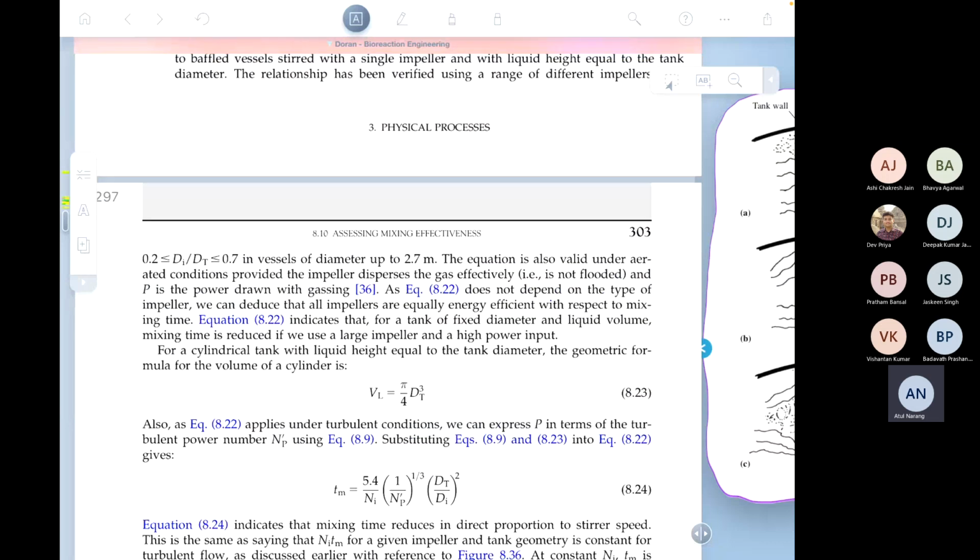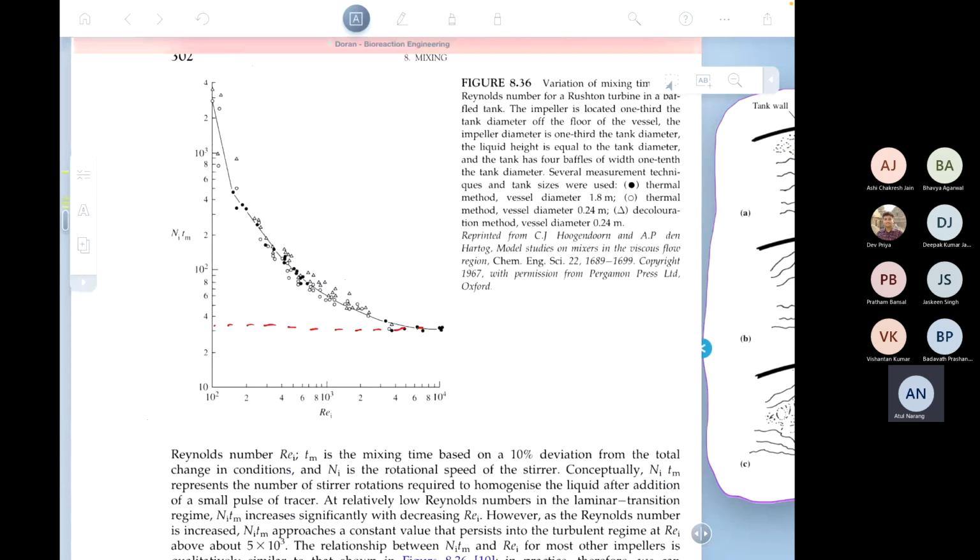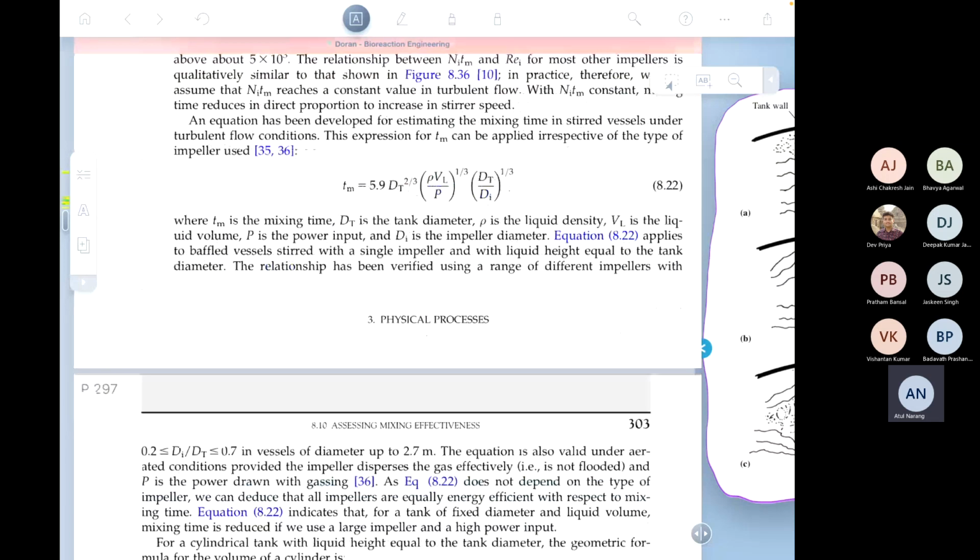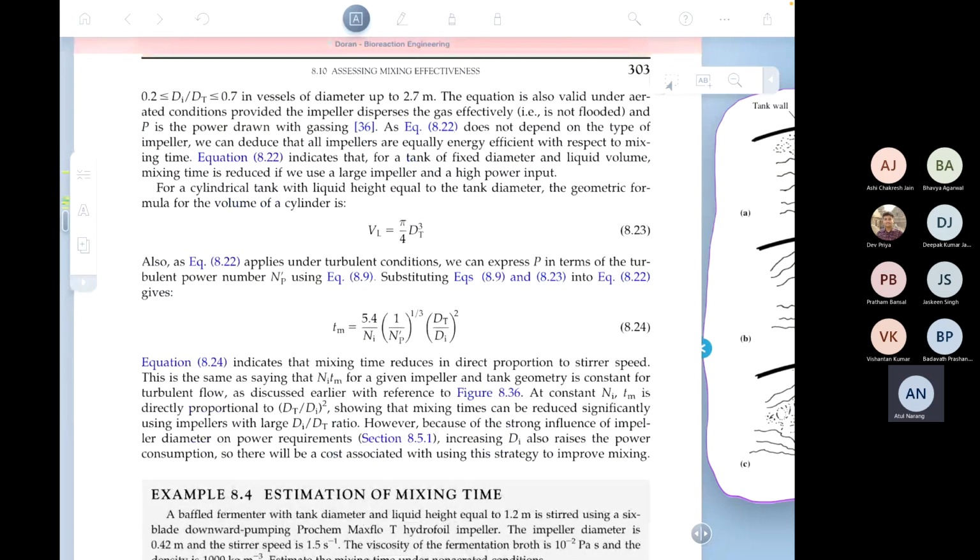Notice that here we are plotting on the left hand side NI times Tm, which is the dimensionless mixing time. That formula shows that the dimensionless mixing time is simply dependent on NP prime and DT over DI. So it depends only upon the properties of the impeller. It is completely independent of the Reynolds number, okay?